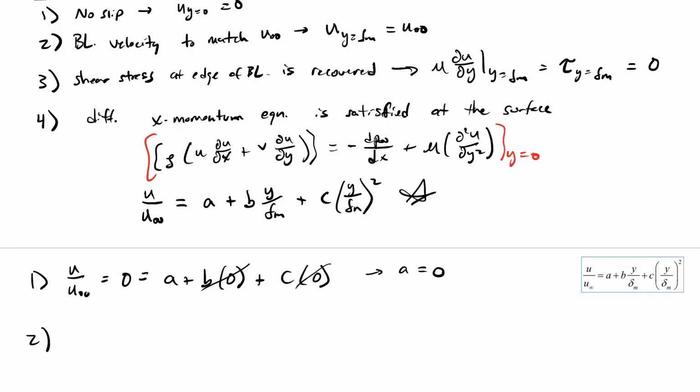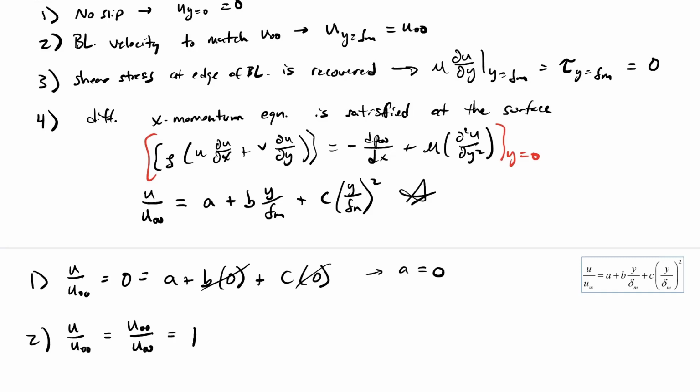The second thing we can do, for number 2, is our boundary layer velocity needs to match. So we're going to say u over u infinity is going to equal u infinity over u infinity. That's our second condition.